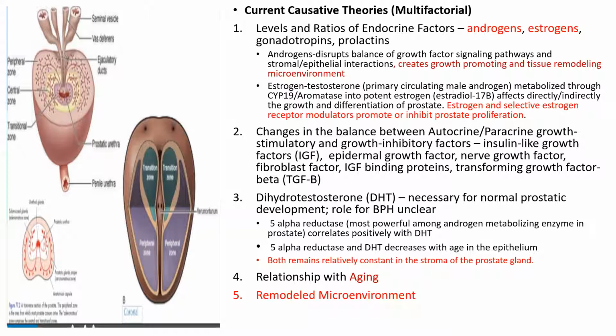Number 3, dihydrotestosterone, or DHT, which is necessary for normal prostatic development, has a role in BPH that is still unclear. Number 4, there is a relationship with aging in the development of BPH. And number 5 is the remodeled microenvironment.